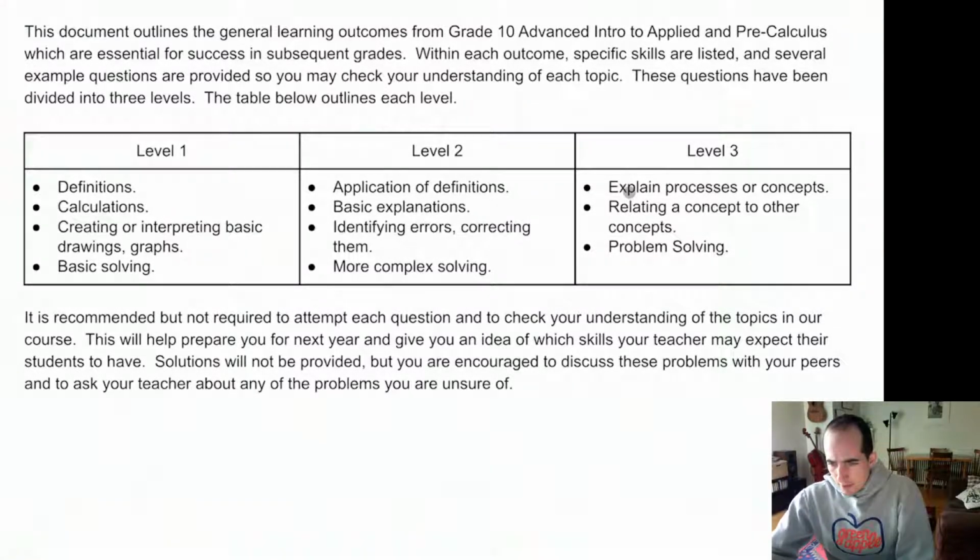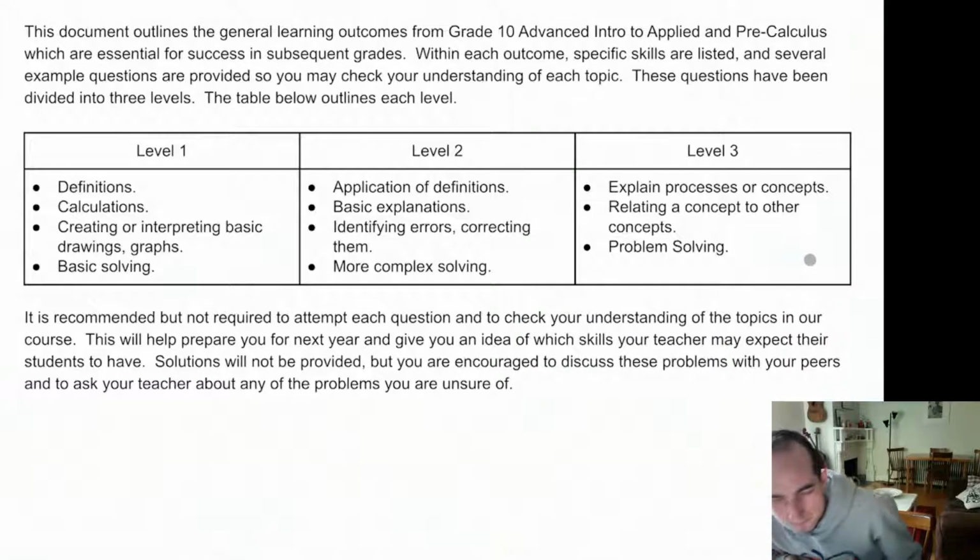And then level 3 is to explain some processes. So can you not only just do a process, but can you explain what's going on? Are you able to make connections from different topics? So this would be similar to our topic map or our project, right? And then finally, problem solving. Problem solving is the big one.